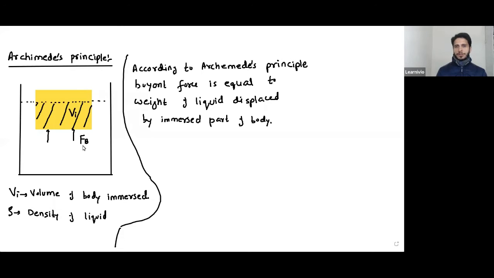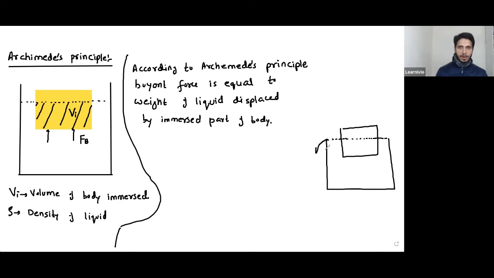So Archimedes principle simply says, if you immerse a body in a liquid, say for example you have a container, it is full of liquid, and you immerse this body inside the liquid, the liquid will spill. How much, what volume of liquid will spill? The volume is equal to the volume of the immersed part.